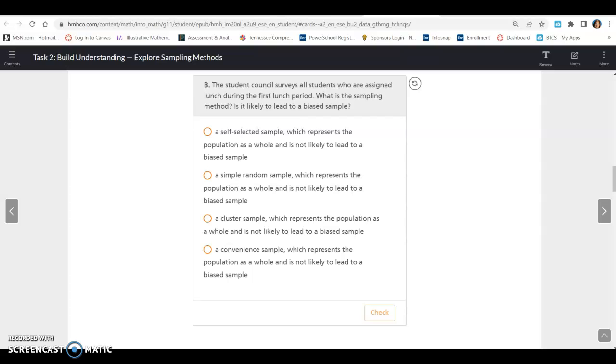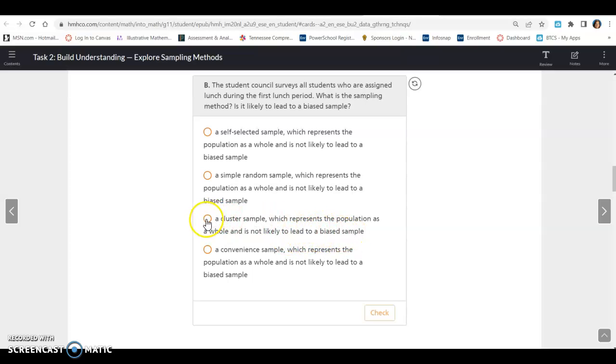All right, so a self-selected sample, a simple random sample, a cluster sample, a convenience sample. So since they're using all of the ones in first period, that would be considered a cluster sample, which represents the population as a whole and is not likely to lead to a bias.